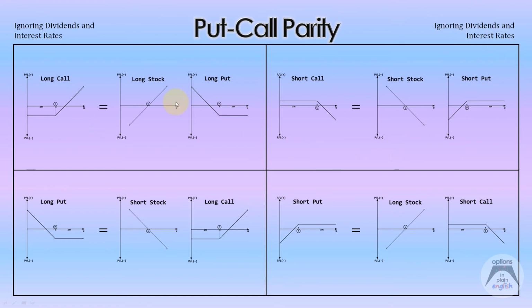So for example, if you have a long put, for example, okay, and you buy a long put, and on the other hand, in a different account, for example, you do a short stock and long call, they're going to be the same because the pricing of all these elements are going to already take into account the fact that with your short stock, you're going to have to pay out the dividends, okay?